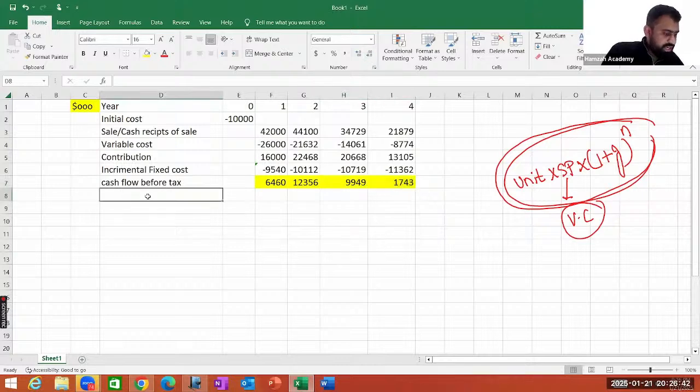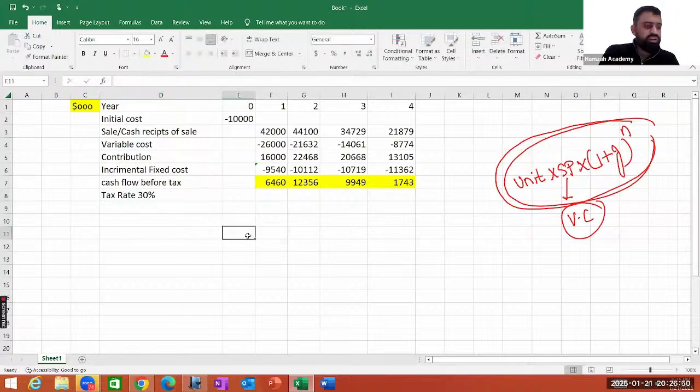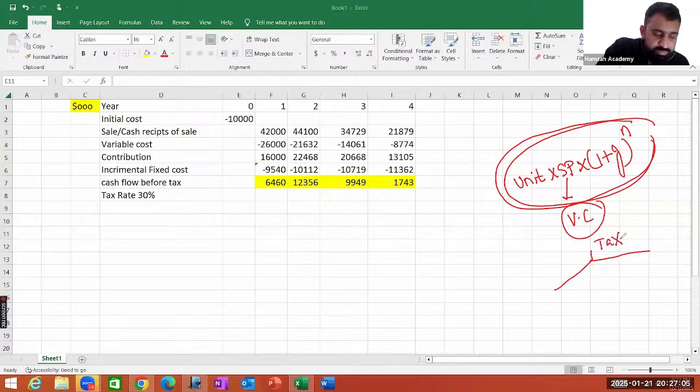Now, after that, you will apply the tax rate. Let's say the tax rate is 30%. Now, when we calculate the tax, which is 30%, there are two possible assumptions regarding the tax.